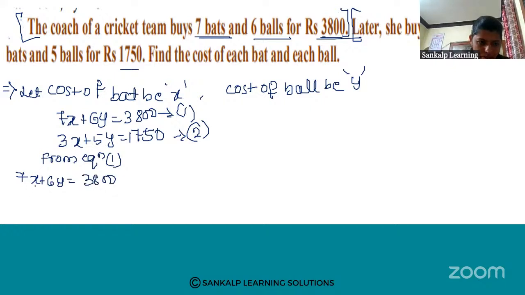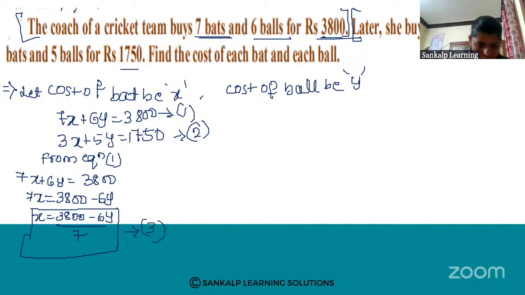Transfer the 6y to this side. You will get 7x is equal to 3,800 minus 6y. Now x is equal to, transfer this 7 to this side, 3800 minus 6y divided by 7. Okay, this is the value of x. I will call this equation number 3.